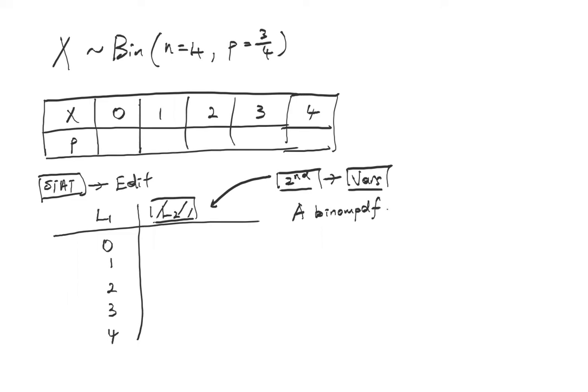Okay. Yeah. Come on already. Then key in whatever is necessary. Trials equal to 4. p, 3 over 4. x value.